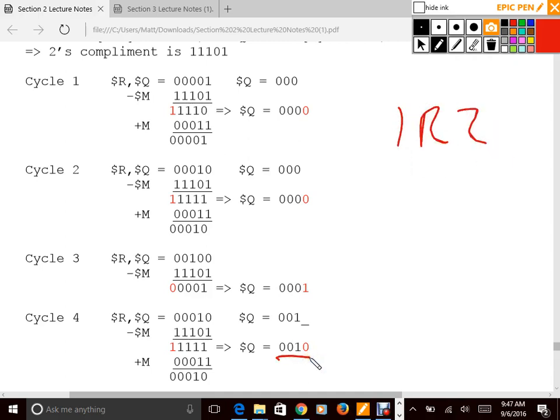So we have 2 with the remainder of 2. My apologies. So 2 remainder 2, and the negation stages should be the opposite of here, right? So you're going to know that this is going to be 0, 0, 0, 1, 0, right?